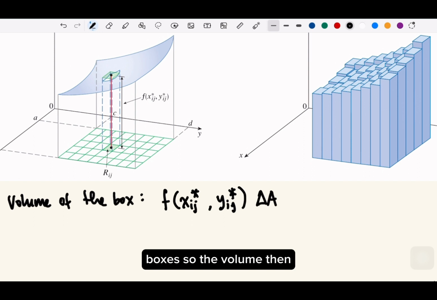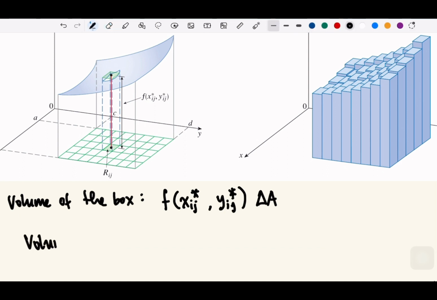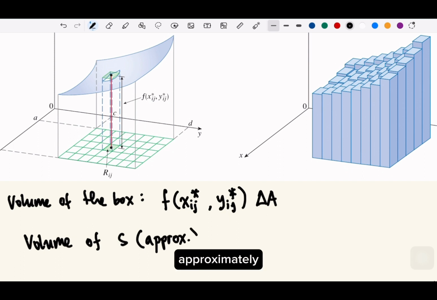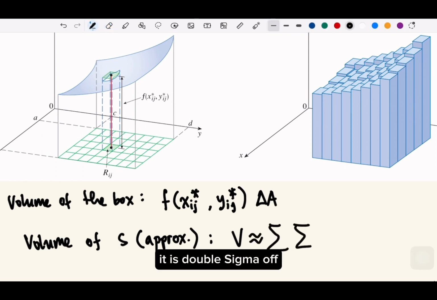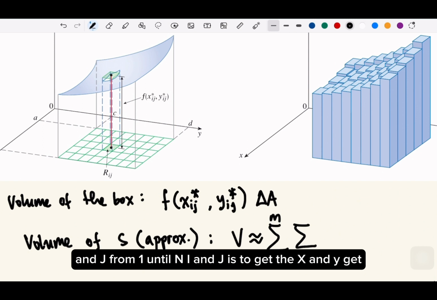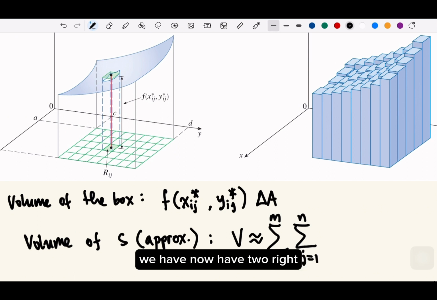So the volume of S, approximately, we can write with approximation like that, is this double sigma, i equal 1 until m, and j from 1 until n. i and j are to get the x and y, because we now have two, right?